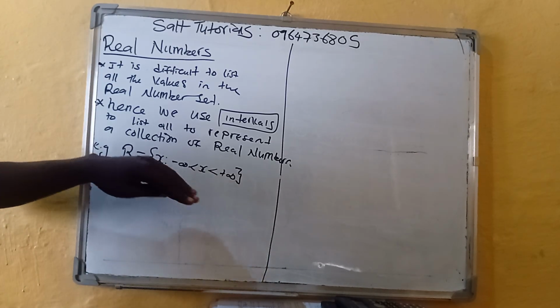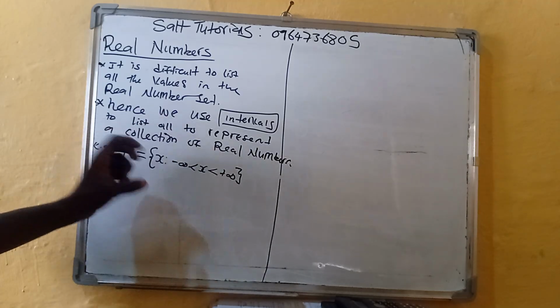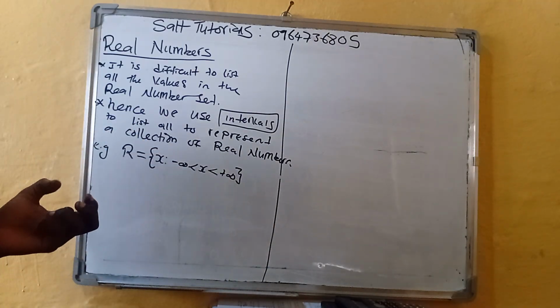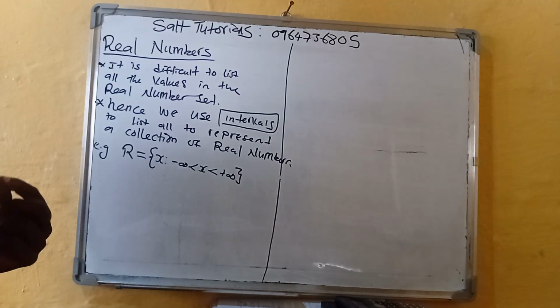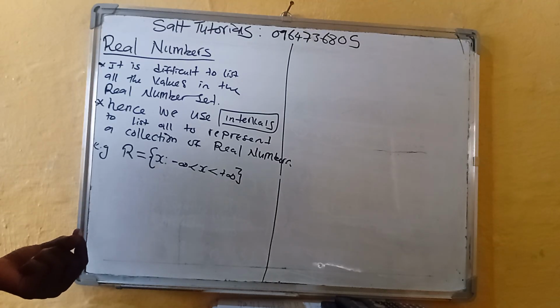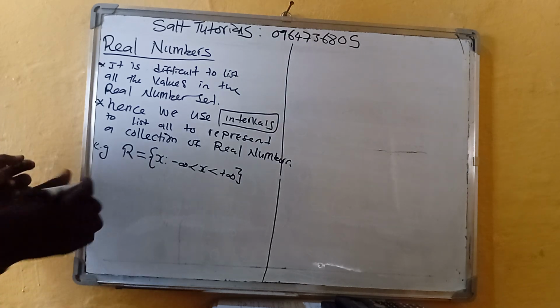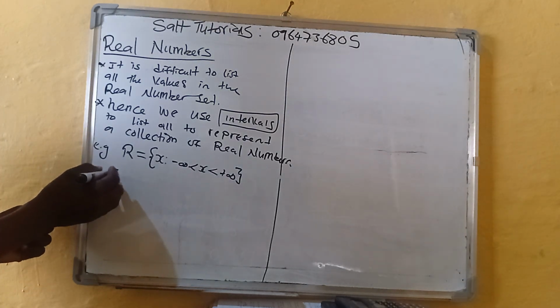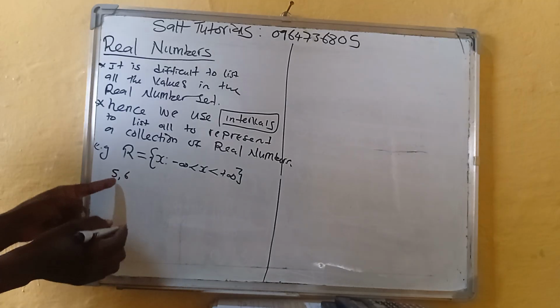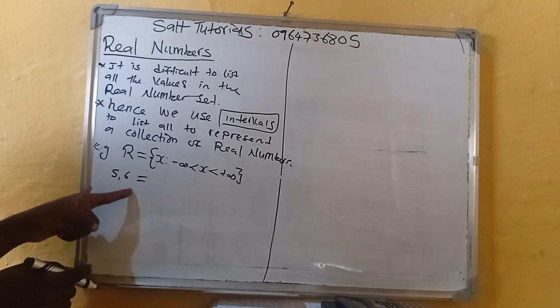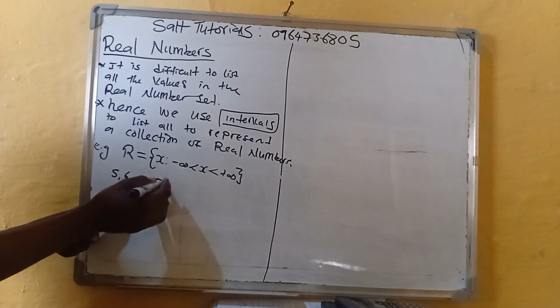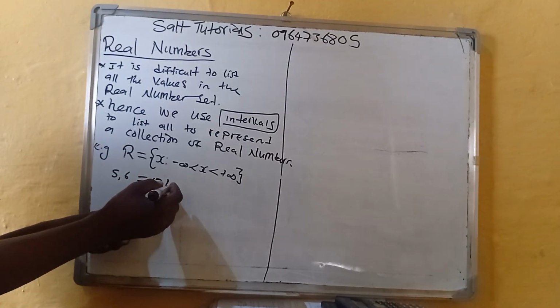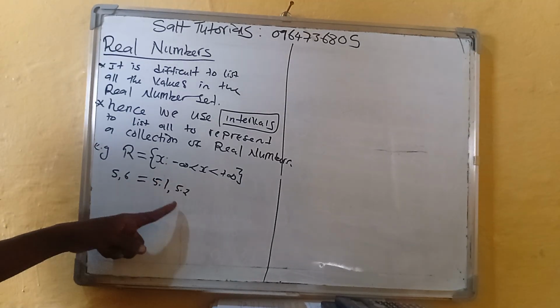If I was to collect certain values, maybe from 5 to 6, there are a lot of real numbers in between, so we cannot list them all. If I say list all real numbers from 5 to 6, there are a lot of values there. Maybe 5.1 is also a real number. Someone is going to say 5.2 is also a real number.